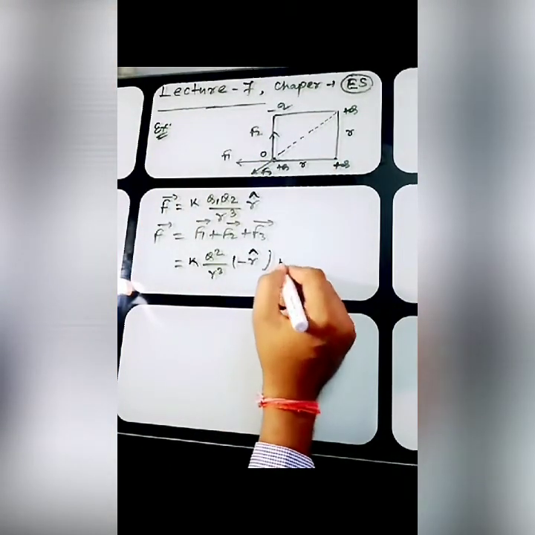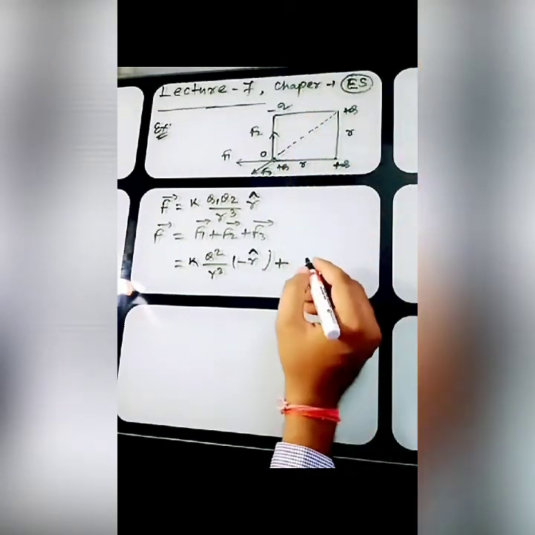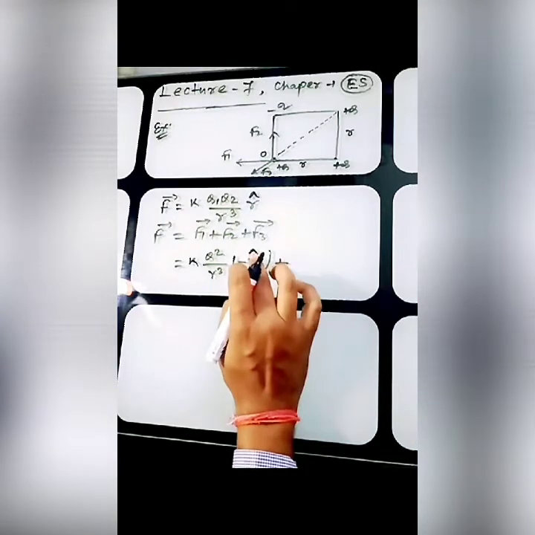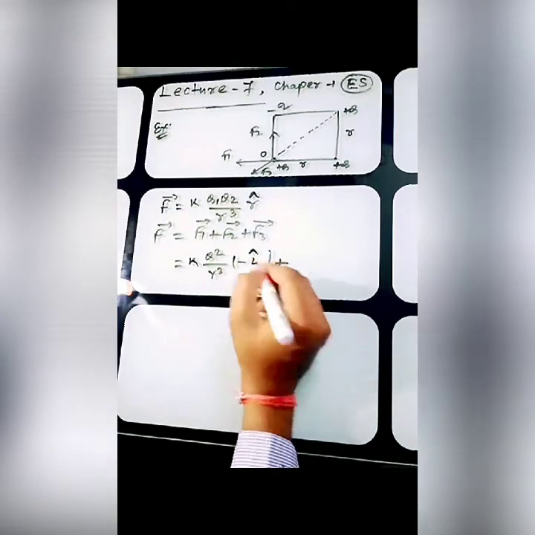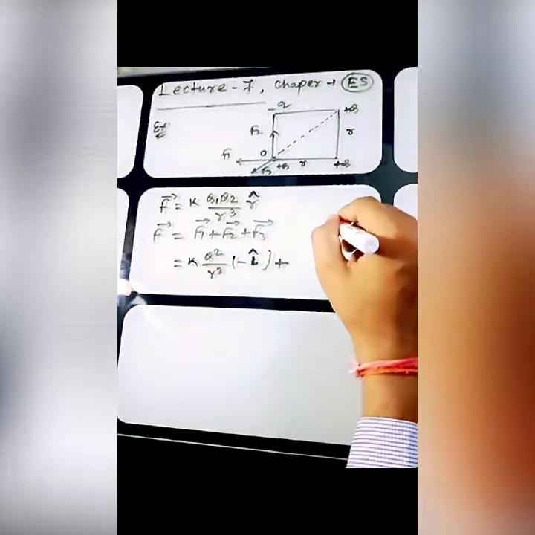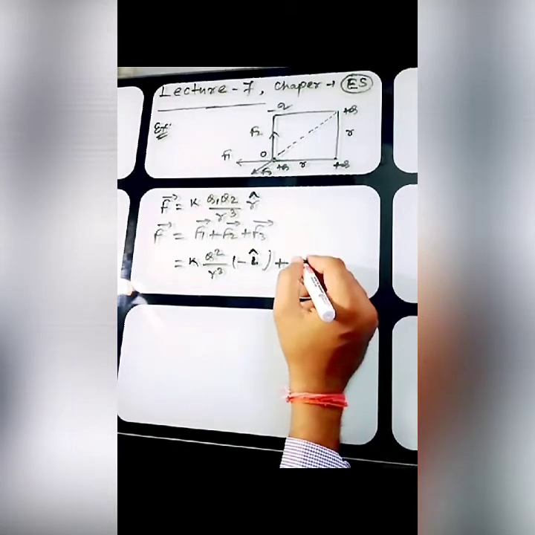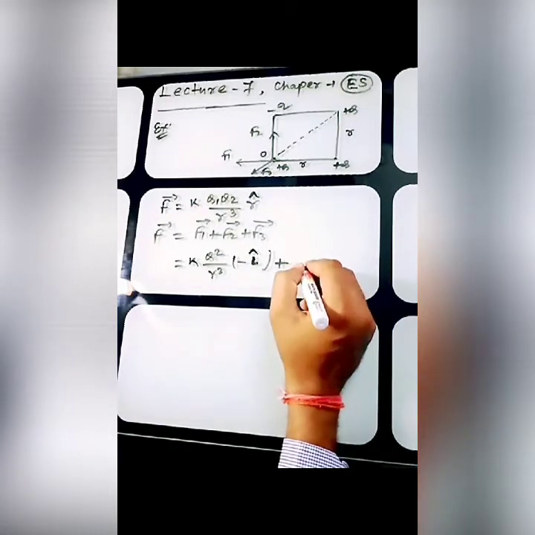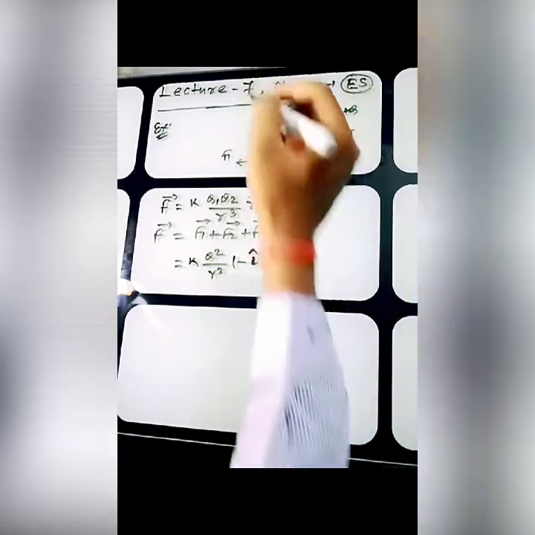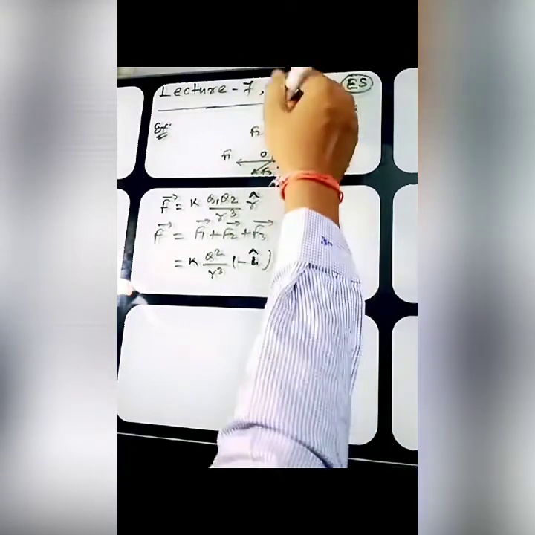Now plus the second force. The second force is this one. This would be the I cap, so that it would be better for the representation. Now this one again we have here K Q1 Q2, this is small q, no?